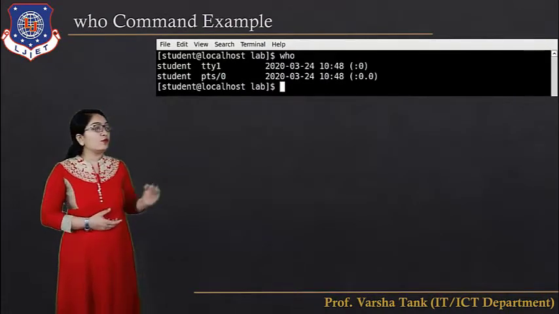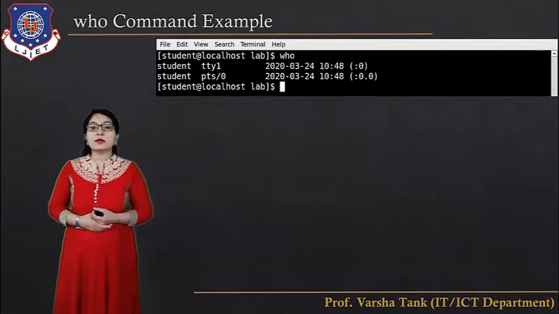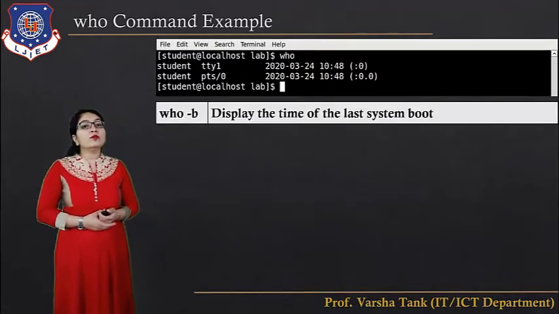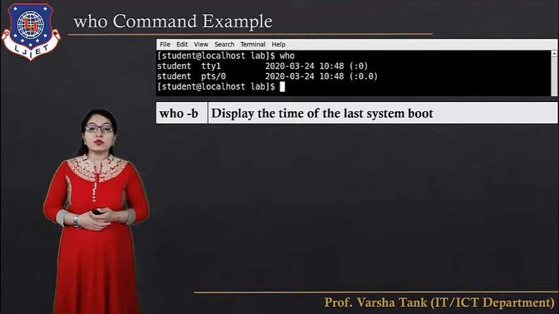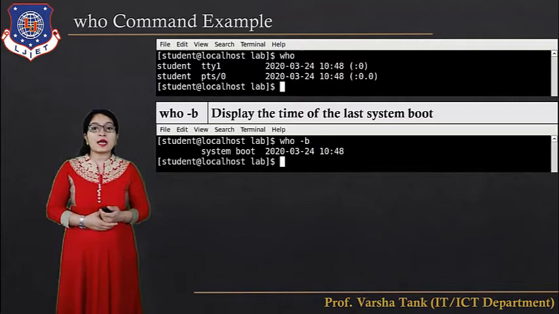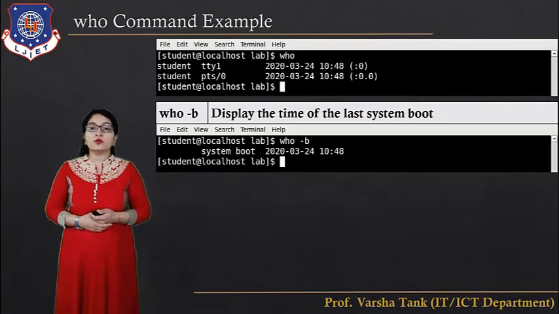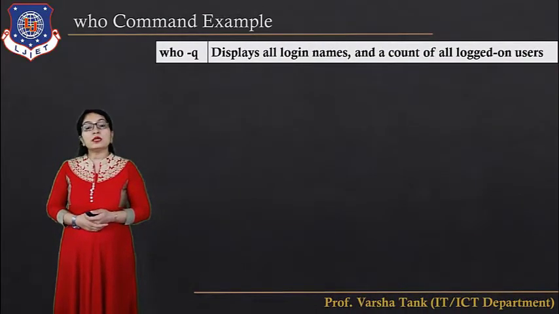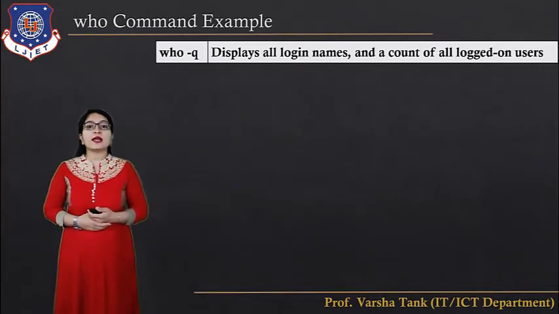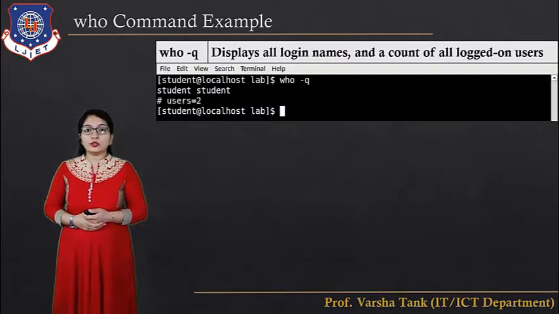So let's see the examples of the who command. Here you can see if you have written just who, it will display the current logged on user and the time of that. who -v displays the time of the last system boot. So here the last system boot time is displayed by who -v. who -q displays all the login names and the count of all the logged on users.